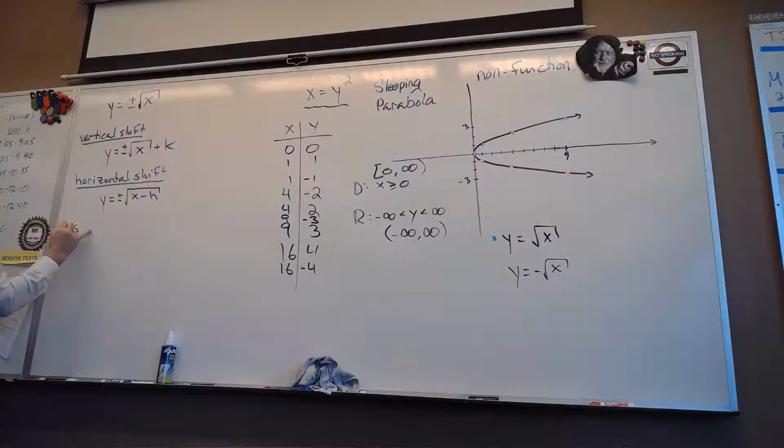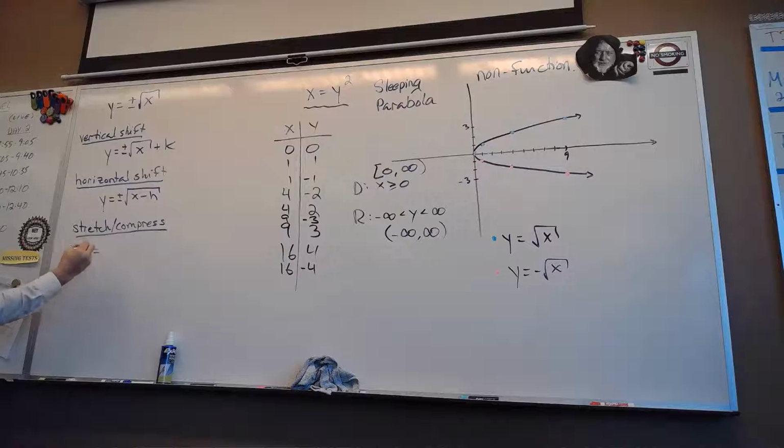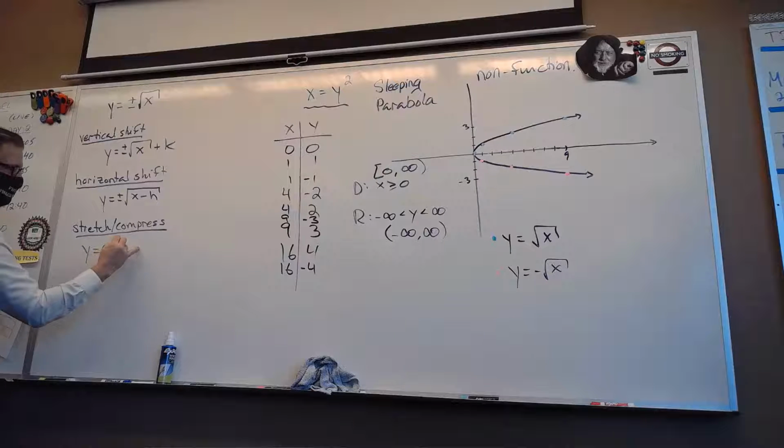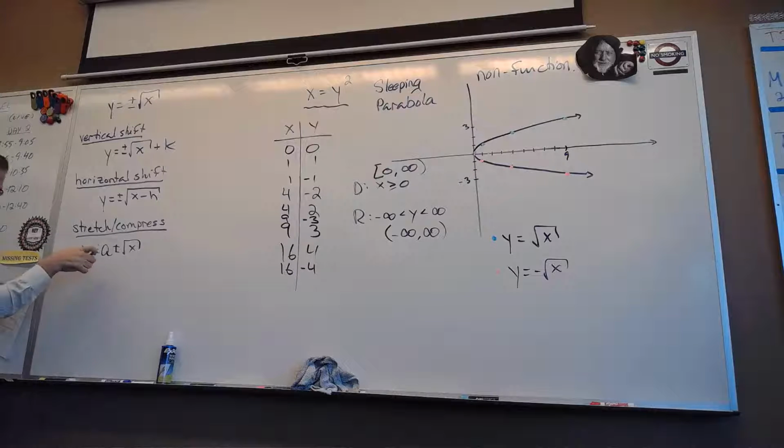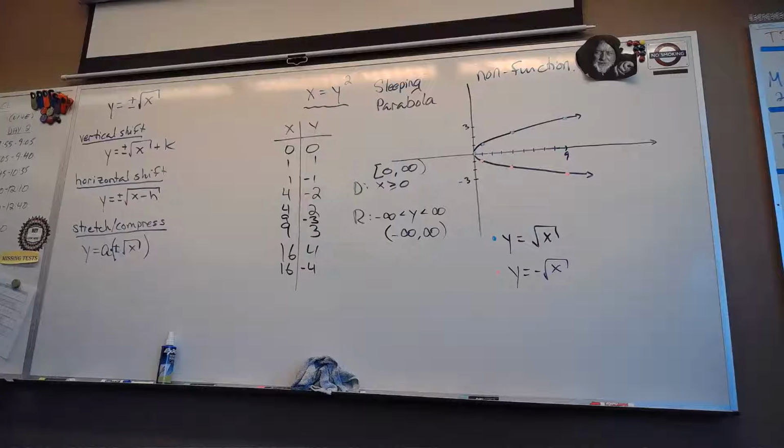Well, let's do a stretch compress. What are we gonna do? Put a in front of the square root. Now, we gotta be a little bit careful here. Because every once in a while, somebody wants to write a plus or minus the square root of x. Anyone see the problem? That's a multiplication, but it sure doesn't look like a multiplication.